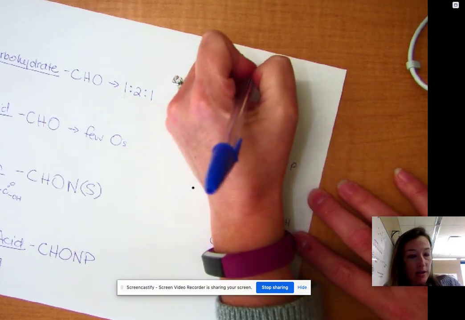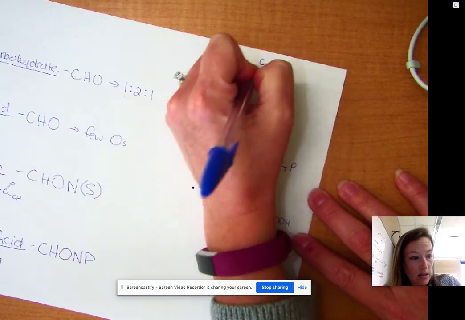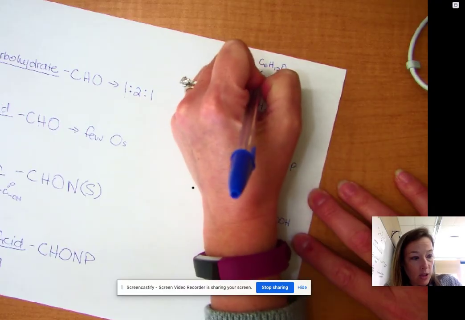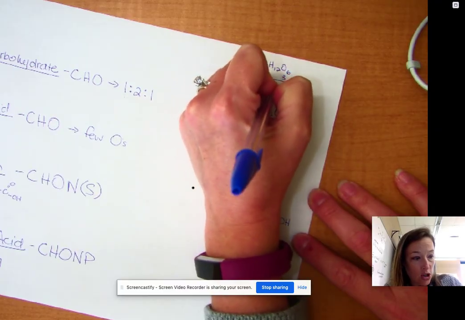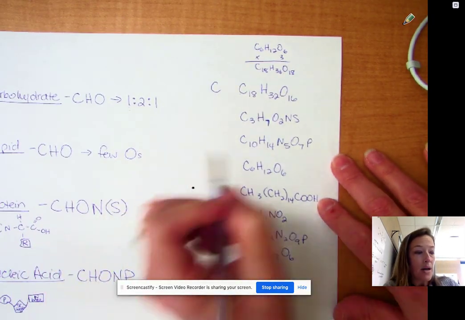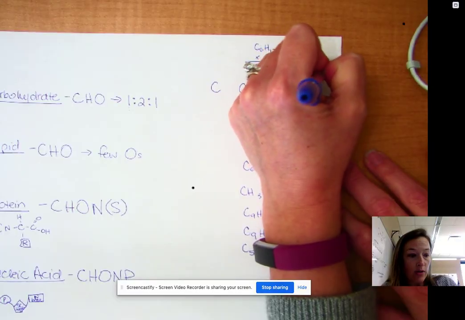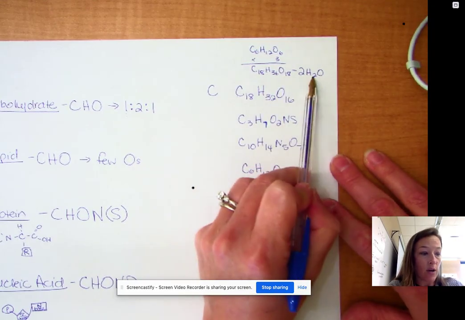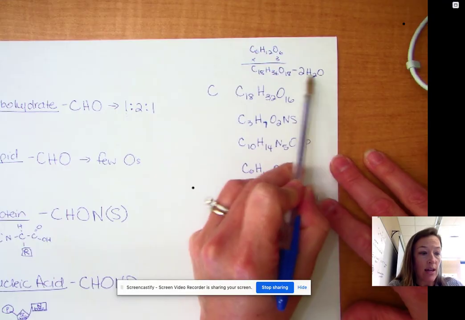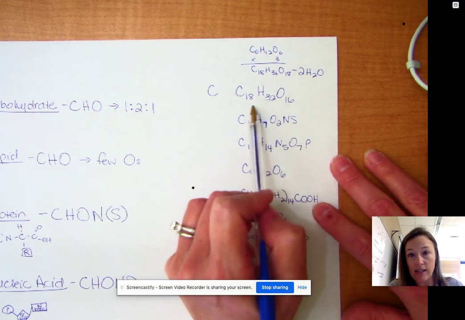What happened here is this is actually C6H12O6 times 3, which gives us C18H36O18, okay? But because we had 3 molecules there, we had to lose 2 waters. So that's where we lost our 4 H's to bring us down to 32, and our 2 oxygens to bring us down to 16. So that's why it's not exactly 1 to 2 to 1.